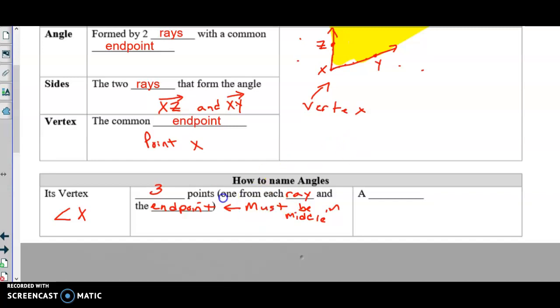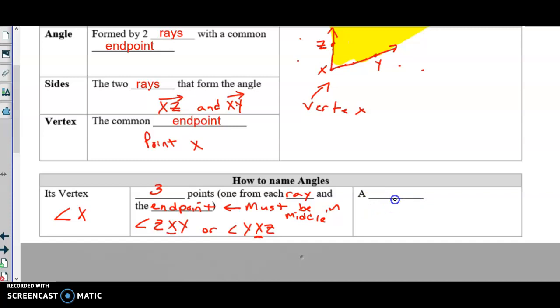So for the picture above, we could call it angle ZXY, or we could call it angle YXZ. But in both cases, the X, the endpoint of those two rays, the vertex, has to be in the middle when you name it.